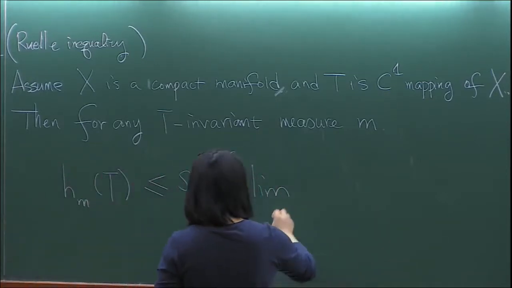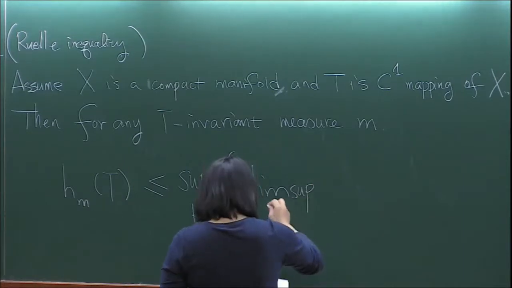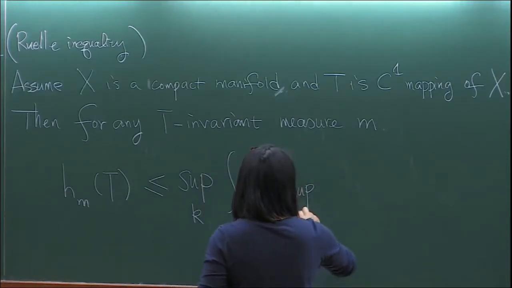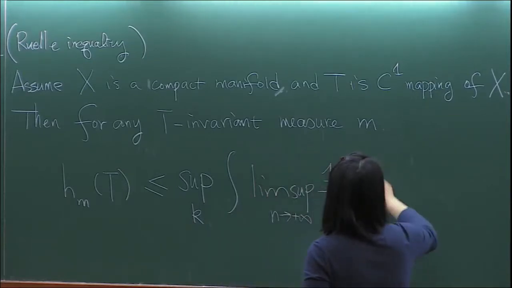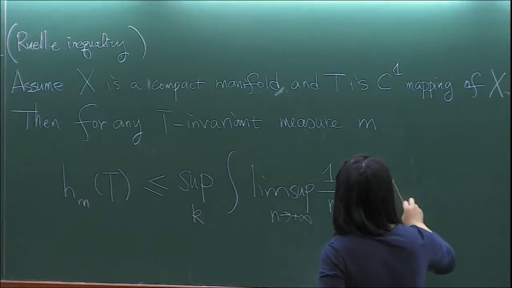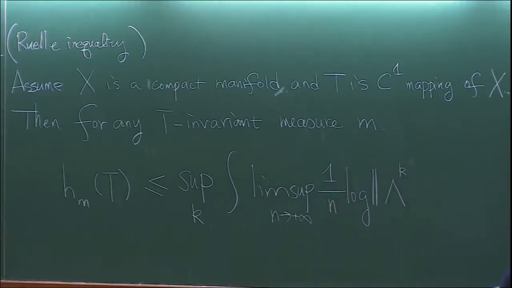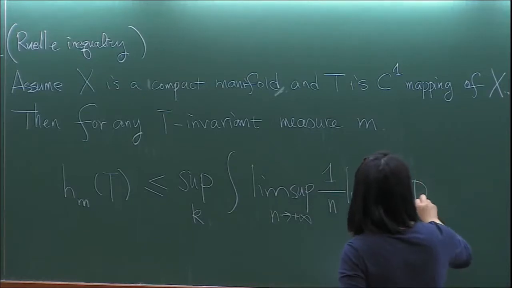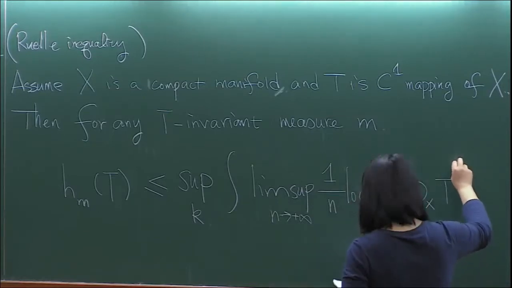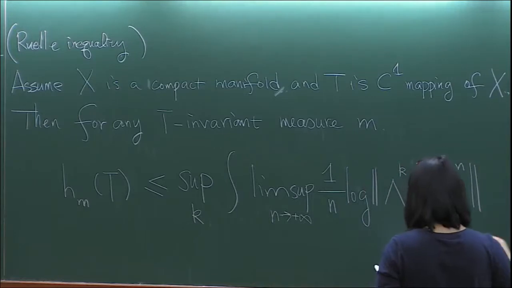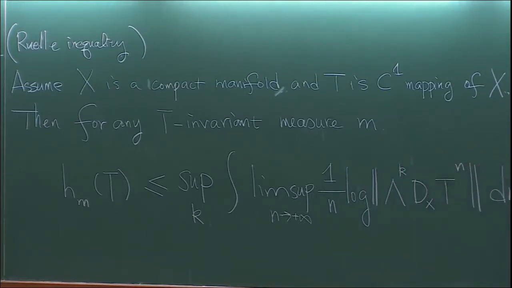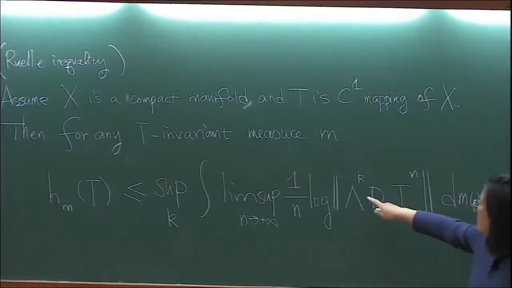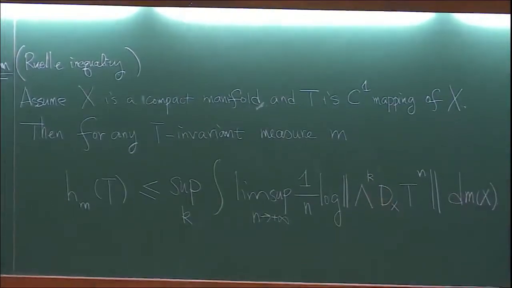So let me write down this first because this notation is wrong. This is a tangent map, okay? So this is a wedge product.